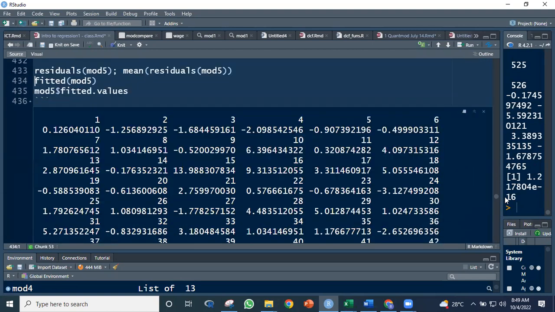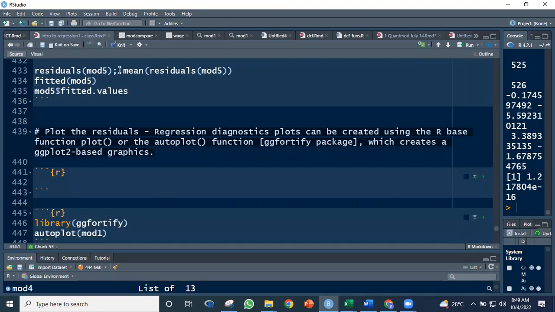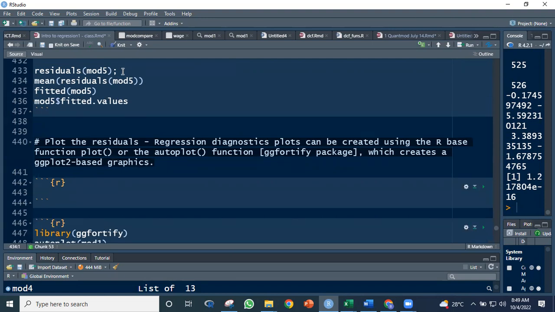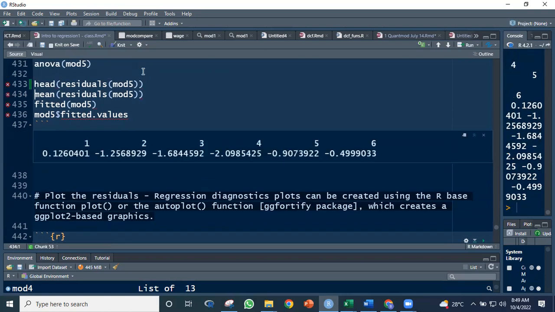So it should be just one value. 0.126 at the moment, guys. Okay. So for these residuals, we can look at the first 6. 0.126, no? So these are the first 6 residuals.